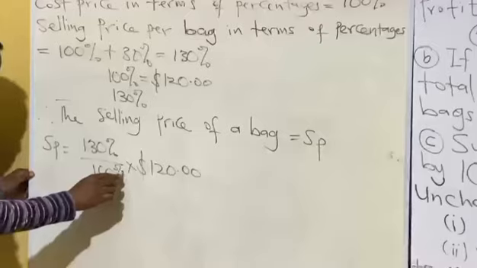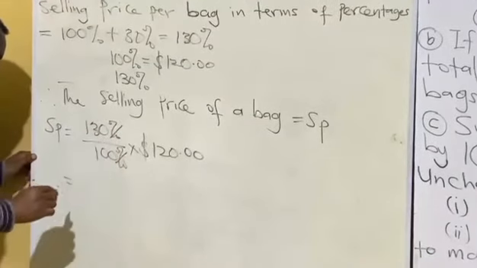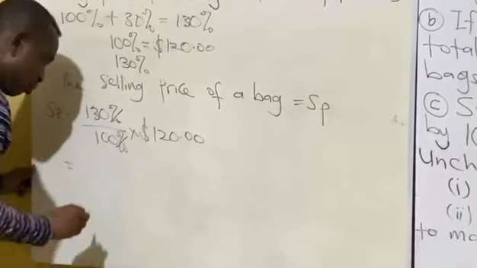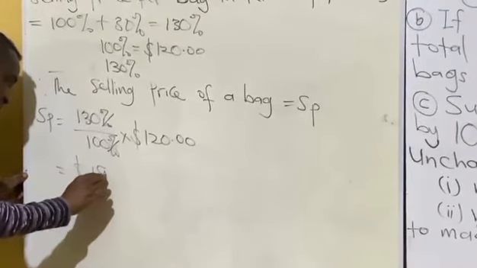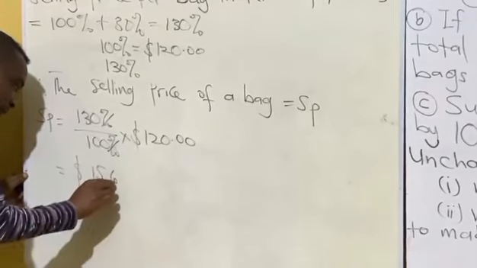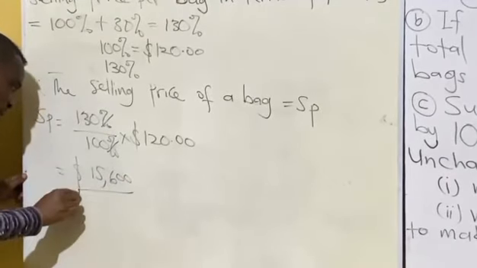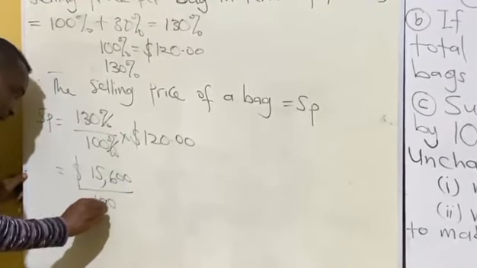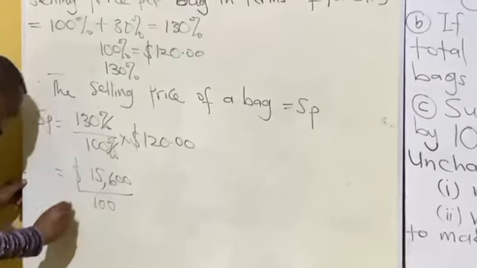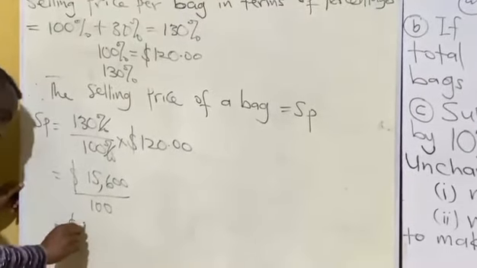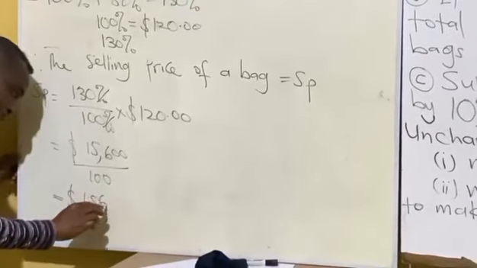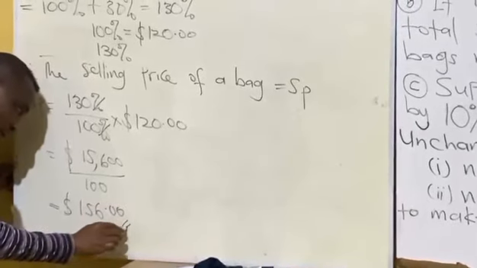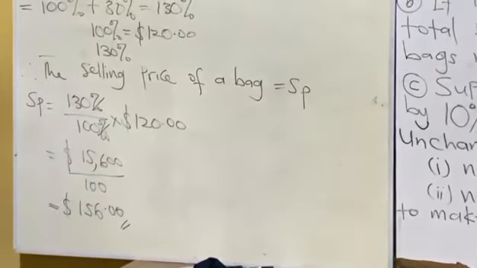Percentages cancel percentages. When we multiply the numerators, it gives us 15,600 all over 100. So when we divide this, it gives us $156.00. That is the selling price.